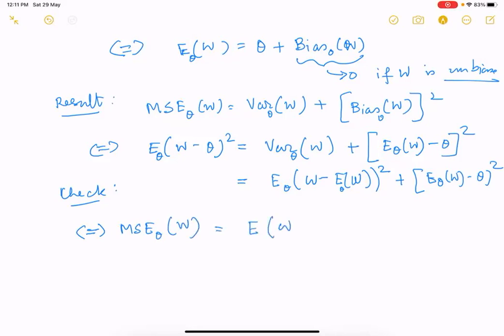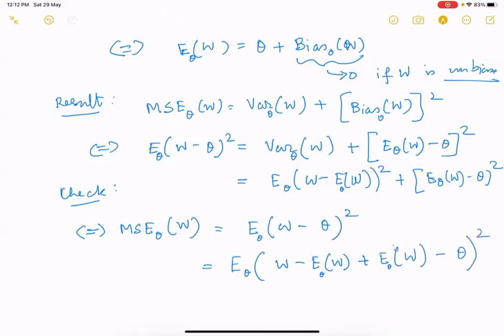We can write this in a slightly interesting way: W minus expected value of W plus expected value of W minus theta whole square.